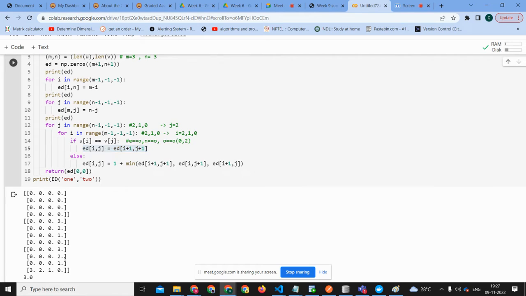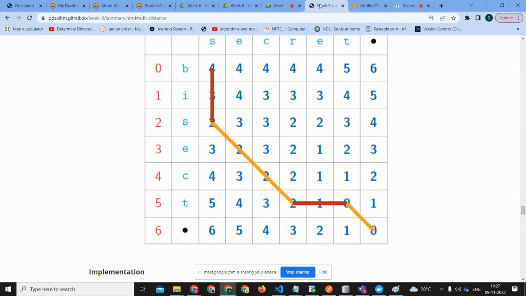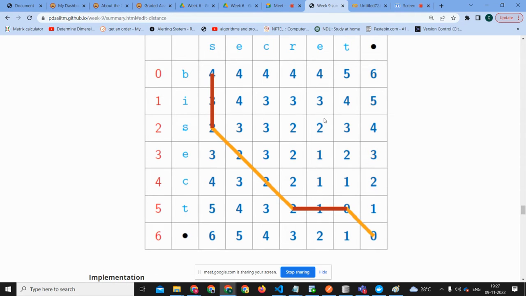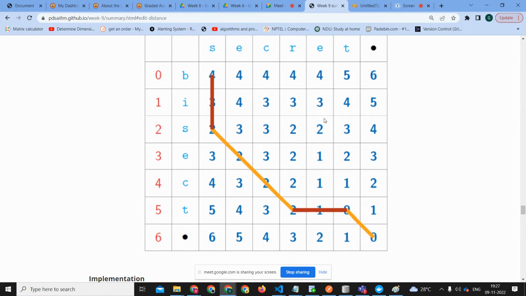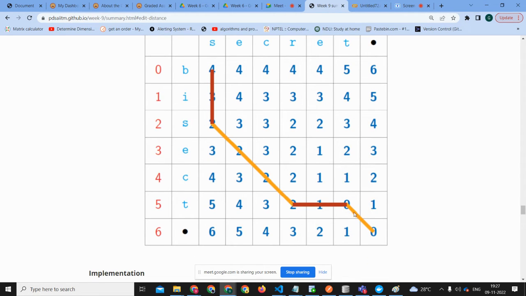ed of whatever we have at the bottom. Let's go here and see this code. So coming here, we are checking edit distance for bisect and secret. And what's happening here?